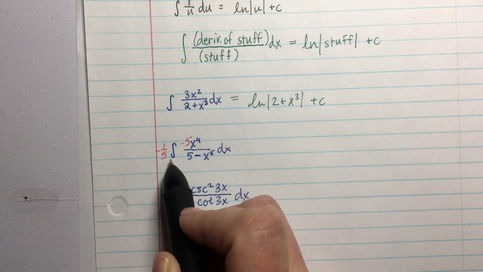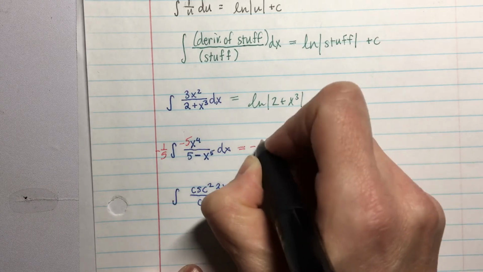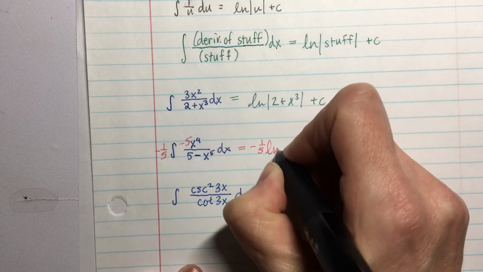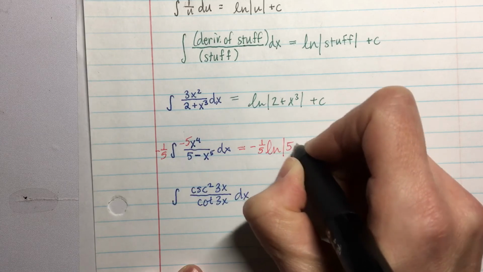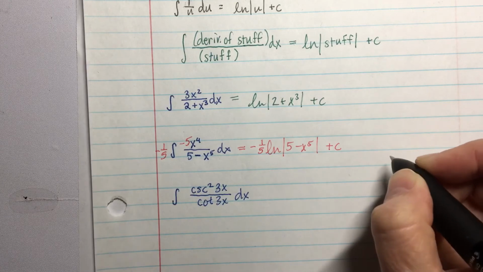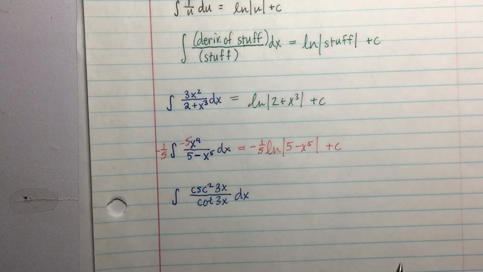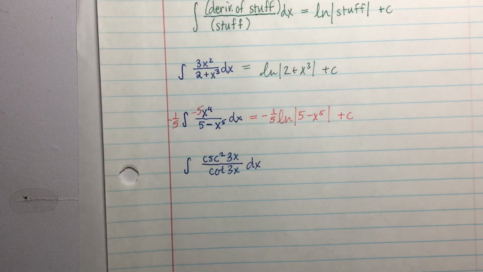It's just a little bit of a rearrangement. So we get negative 1/5 times natural log absolute value of that denominator, 5 minus x to the 5th, plus c. Straightforward-ish, I suppose.